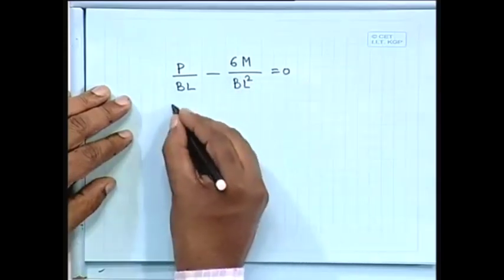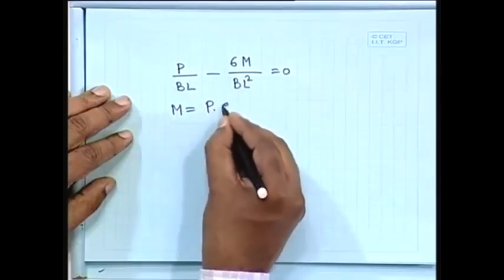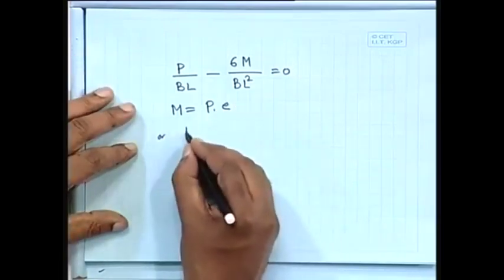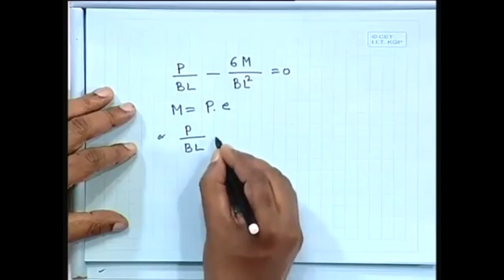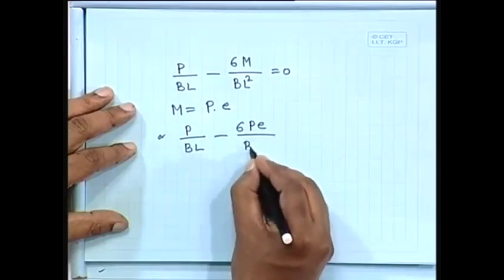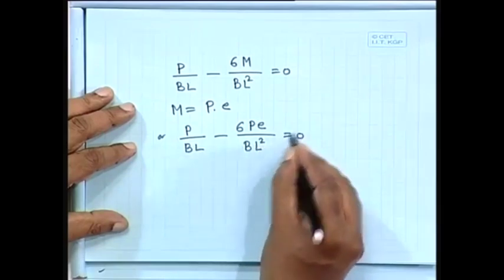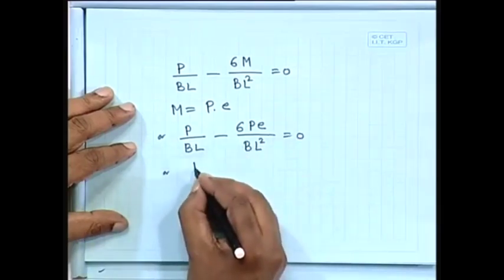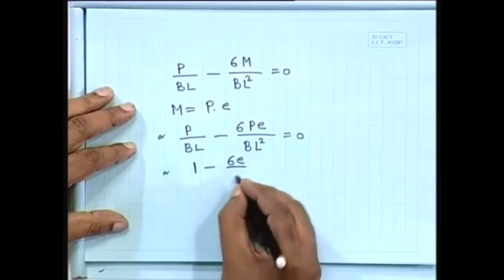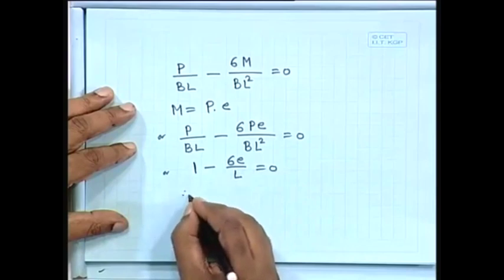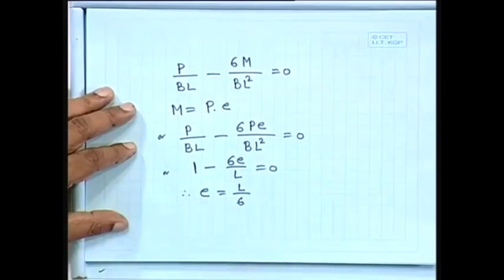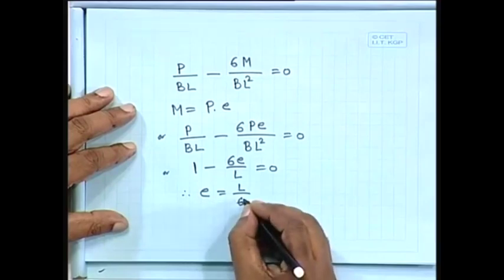M equal to P times E. The other way I can write down M equal to P times E. So E equal to L by 6. So we are getting E equal to L by 6.